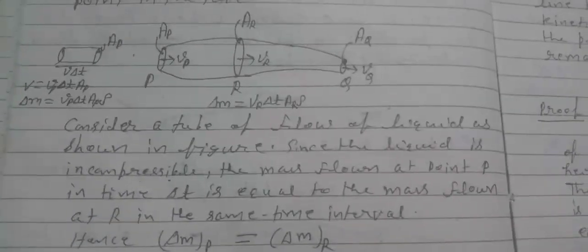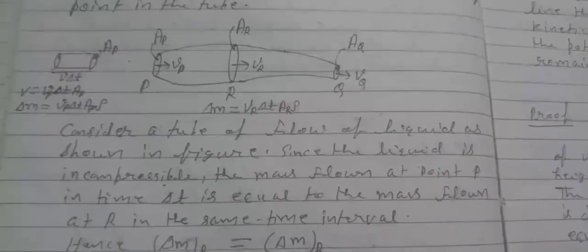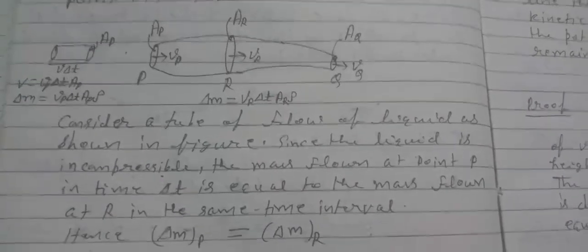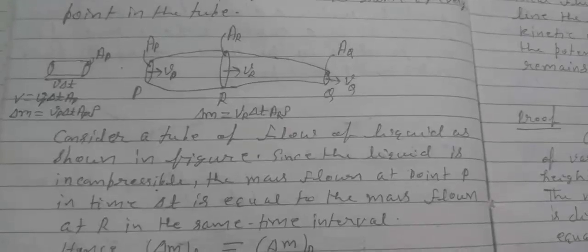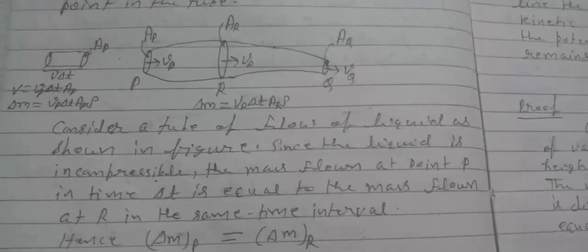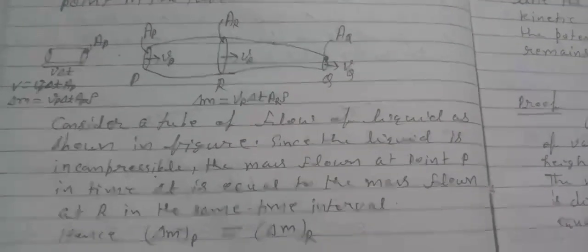Consider a tube of flow of liquid as shown in the figure. Since the liquid is incompressible, the mass flowing at point P in time delta t is equal to the mass flowing at R in the same time interval.